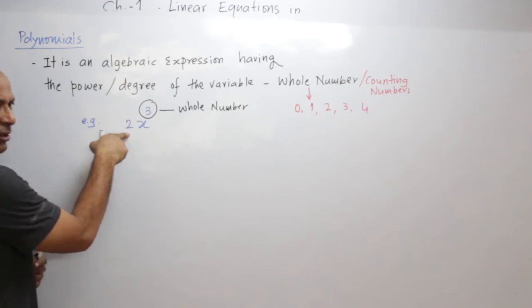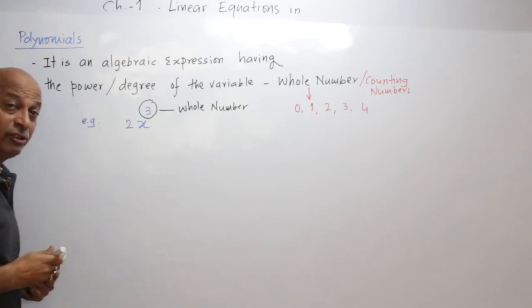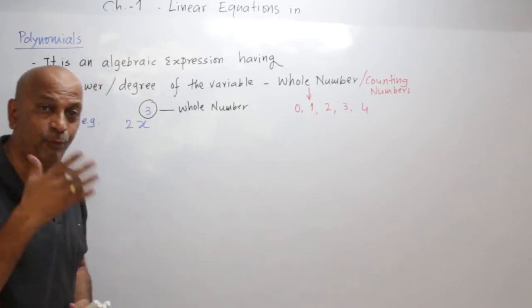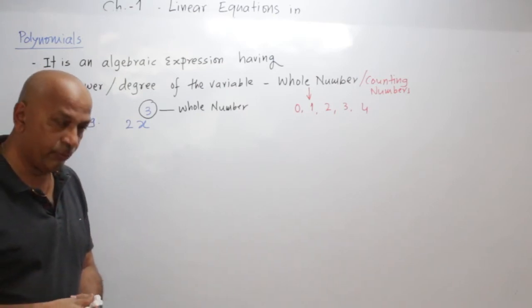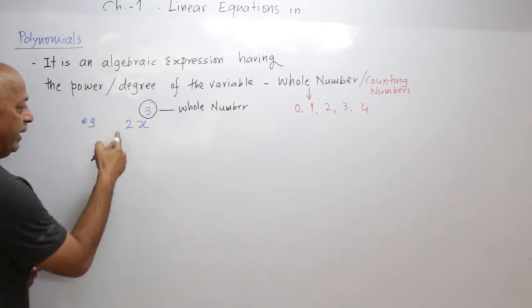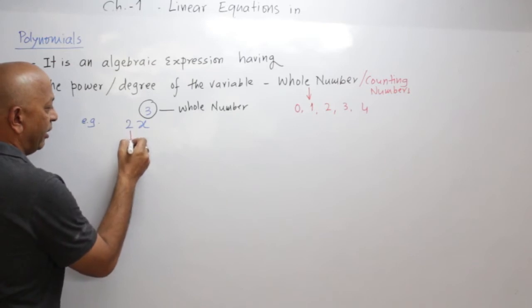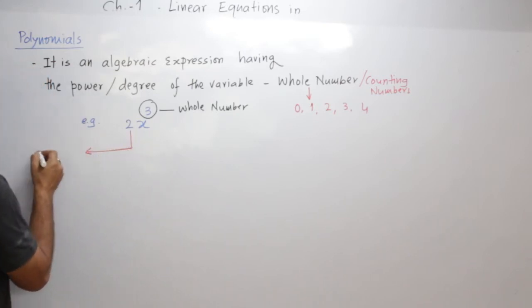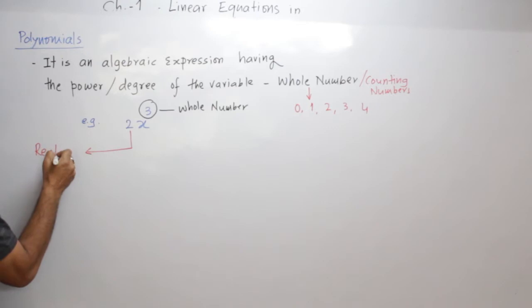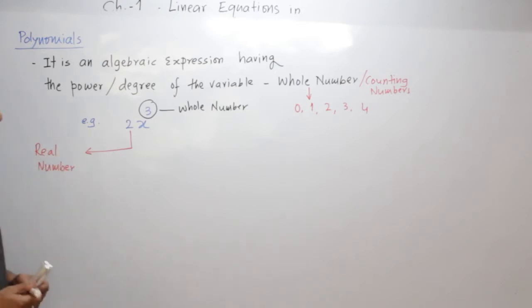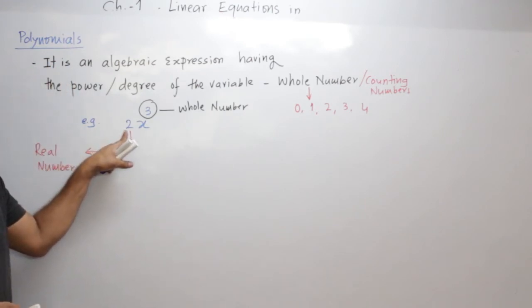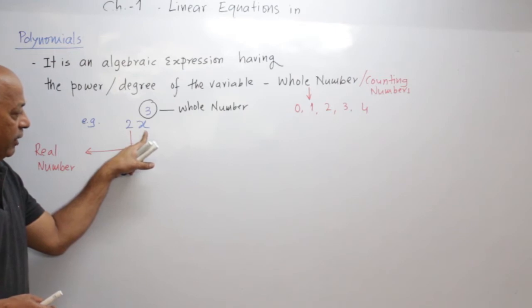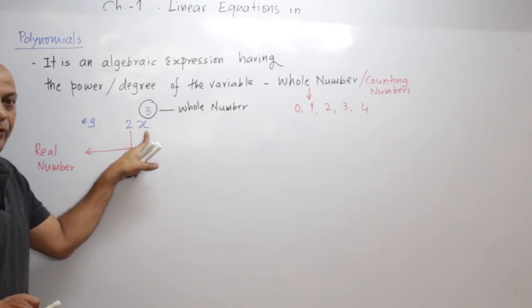What about the constant? Constant ची काय requirement आहे polynomial मध्ये? ह्याची काय requirement नाही आहे. That means this can be a real number. Normally हा जो constant आहे, that is multiplied with a variable.